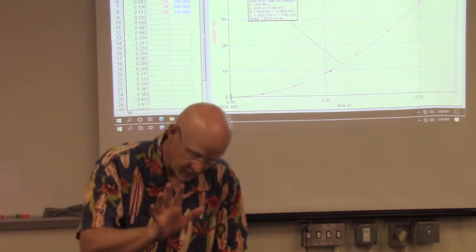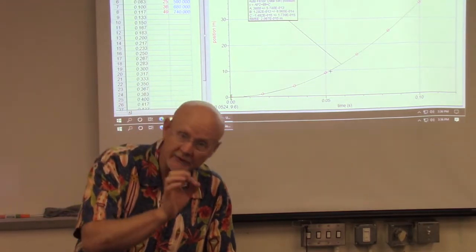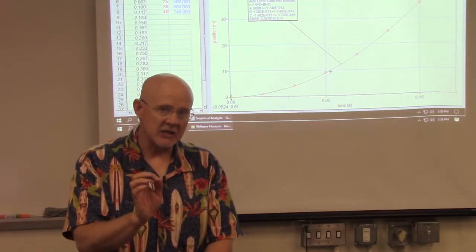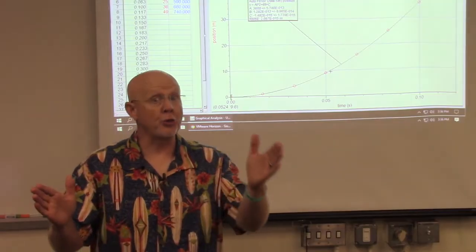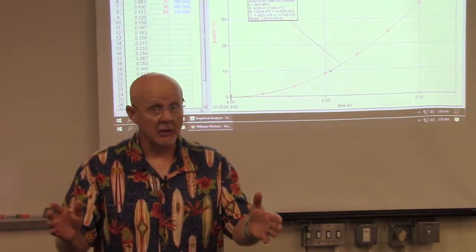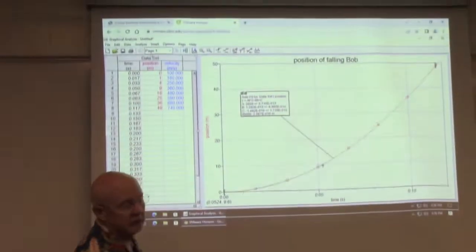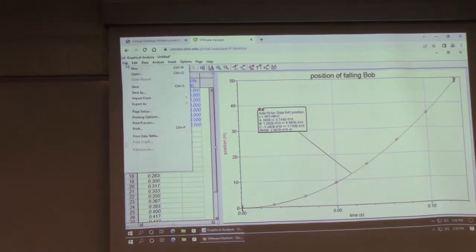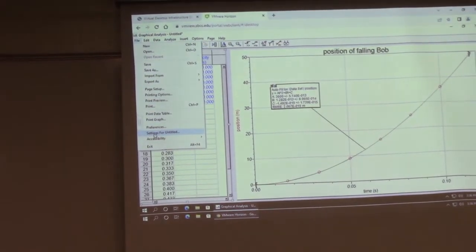So, without taking more time to explain the details of the derivative calculation, let's change the settings from 7 calculations to 3 calculations. Watch this. Go to File, go to Settings, and select it.